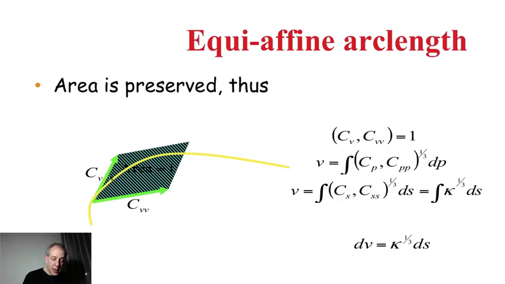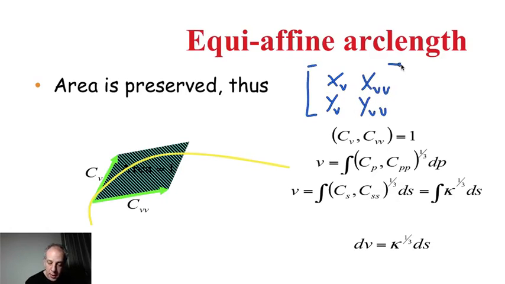Let me write it down explicitly: x derivative v, y derivative v, x v v, y v v, and that creates a matrix. And I'm going to ask for the determinant of this matrix. The determinant of a matrix is the area of the parallelogram defined by these two vectors.